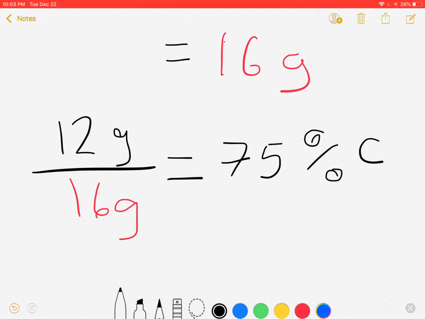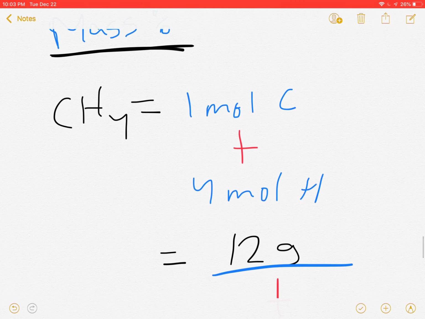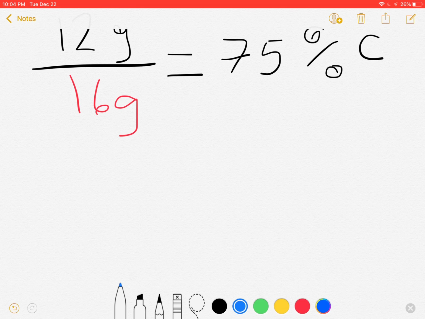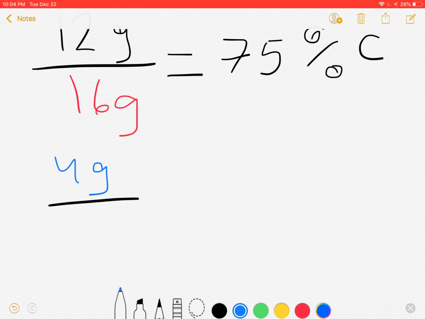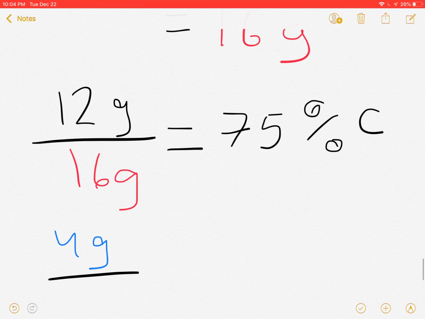Now, if someone asked a different question, what is the mass percentage of hydrogen in CH4? We would do the same process, except instead of 12, we would use 4 grams of hydrogen, because we calculated that 4 moles of hydrogen weighs 4 grams.